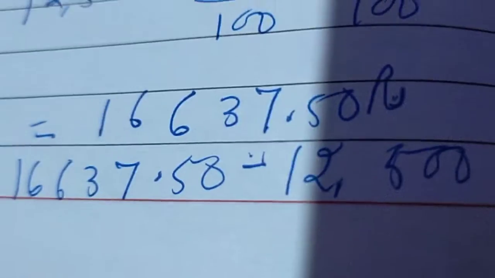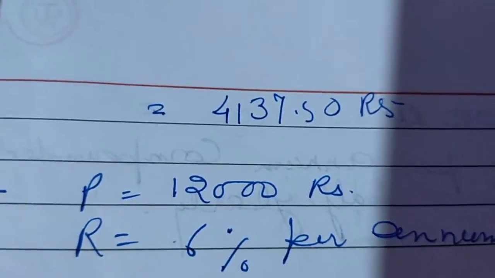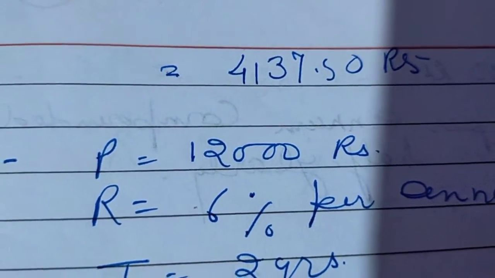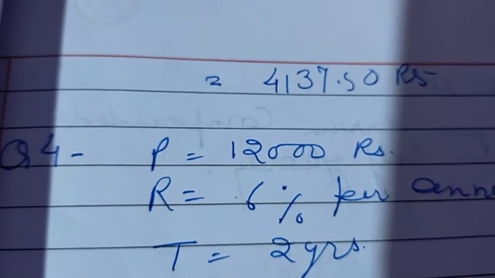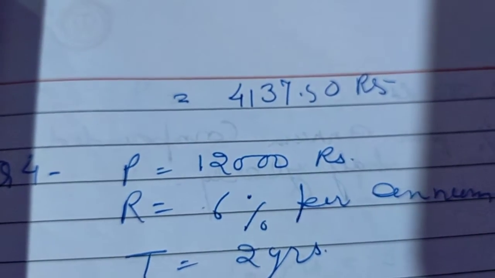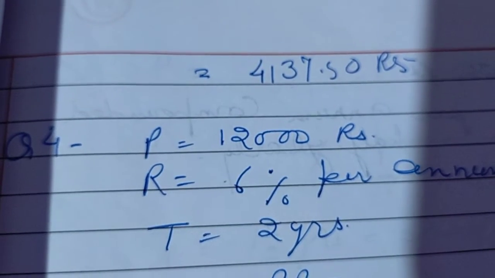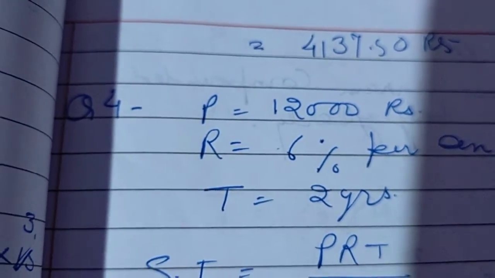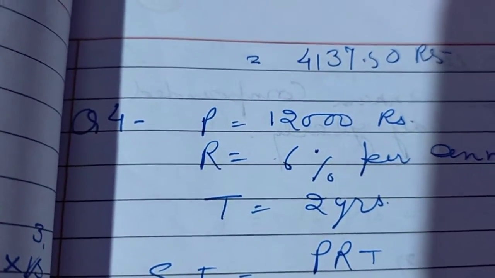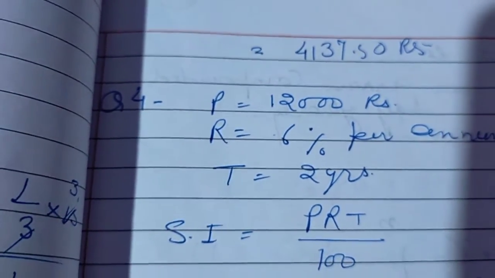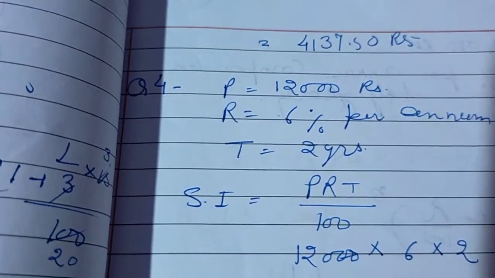So as you can see, her interest is 4,137 rupees 50 paise, which was less than Fabina. This amount, which was compounded annually, was less than Fabina because she paid 4,500 rupees, because her interest rate was higher, it was 12%, whereas in case of Radha it is just 10%.